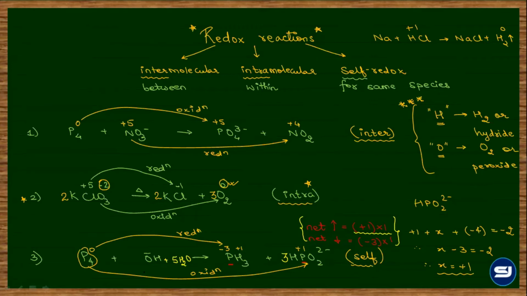So I'll balance it by adding 5H plus. आ रहा है समझ में कि नए पेज पे करूँ, नए स्लाइड पे करूँ? Sorry, it was deficient on the right. So it will be added as 5H plus on the right.